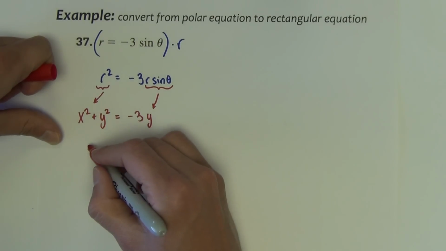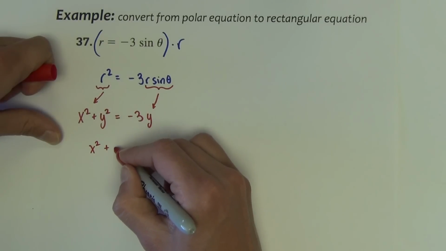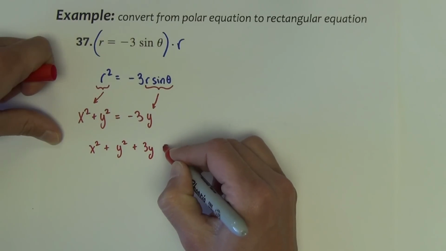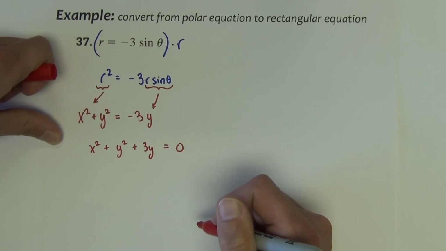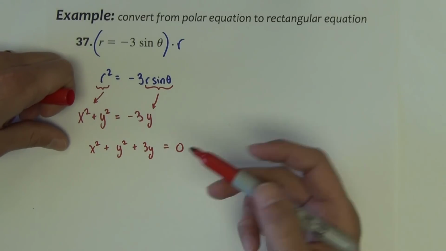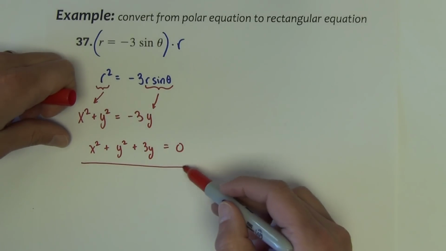If we bring this over, we get x squared plus y squared plus 3y equals 0. That is a general form equation of a circle, and we can leave it just like that.